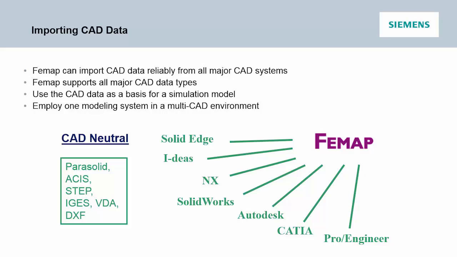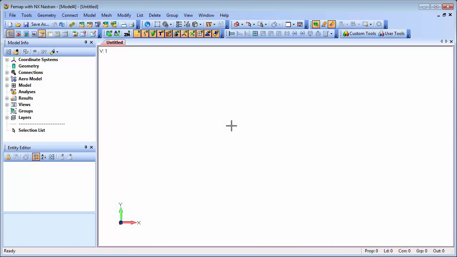FEMAP is CAD neutral and can access CAD data from just about any source, and supports all major commercial CAD programs and data formats, and is kept up to date with the latest CAD product versions. Furthermore, FEMAP's modeling engine is based upon the Parasolid modeling kernel, which is the same as that used by SolidWorks and Solid Edge.